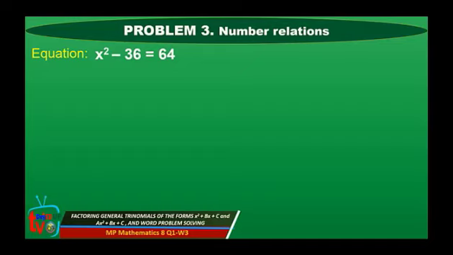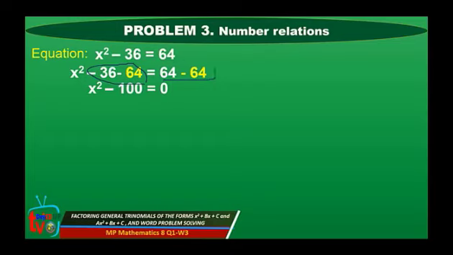It becomes x squared minus 36 minus 64 is equal to 64 minus 64. From here, negative 36 minus 64 is equal to negative 100, and 64 minus 64 is equal to 0. Therefore, the new equation is x squared minus 100 equals 0.